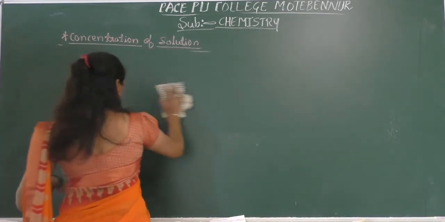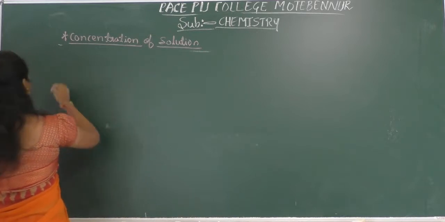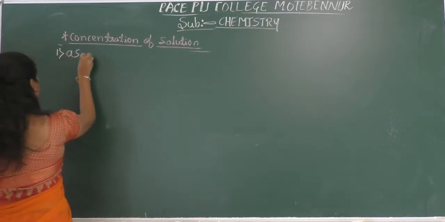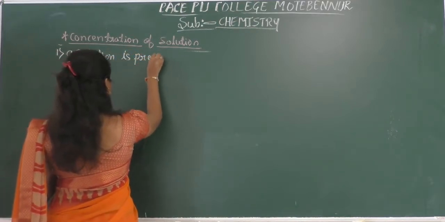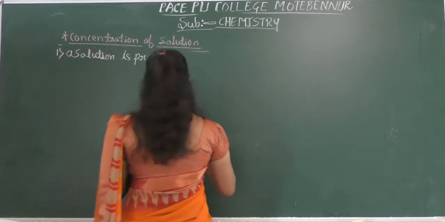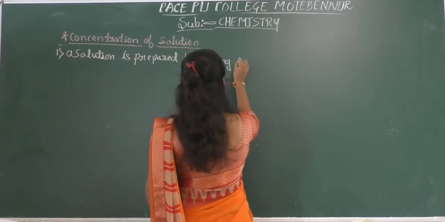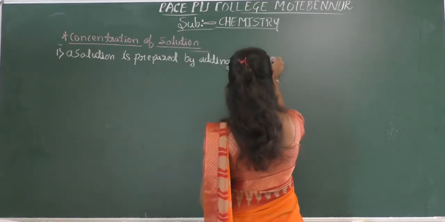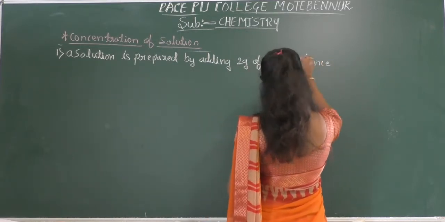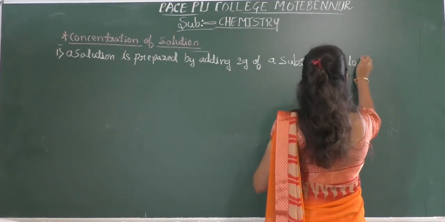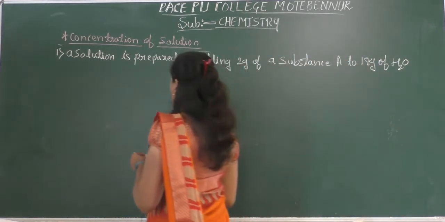Okay, so next we will solve some numerical problems regarding this one. So first one is a solution is prepared by adding 2 grams of a substance A to 18 grams of water.